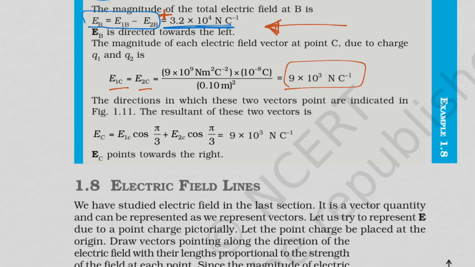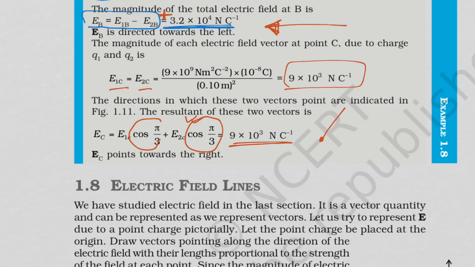That's why cos pi by 3 has been used for the vector sum, and finally we get this value. If you have confusion about this cos pi by 3, I will just let you know.